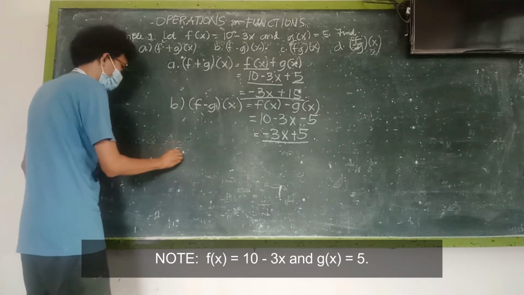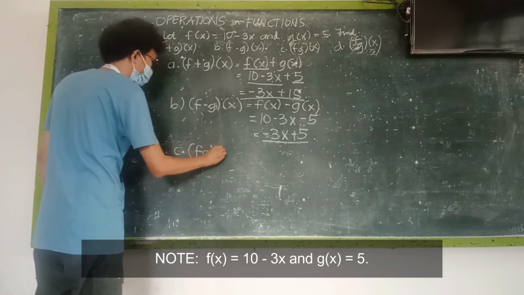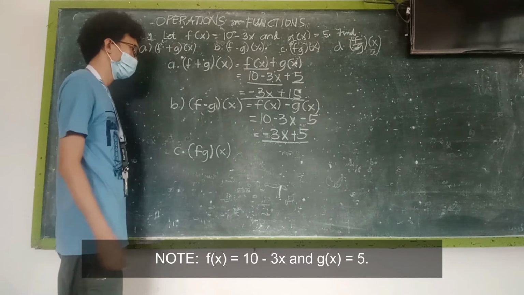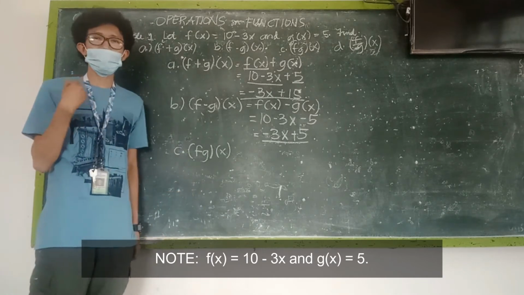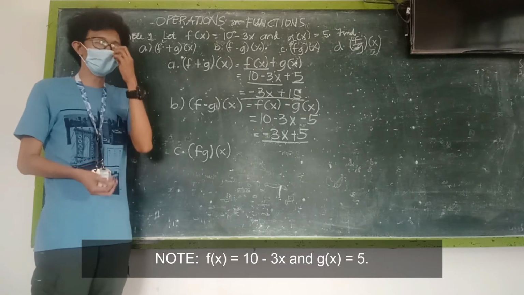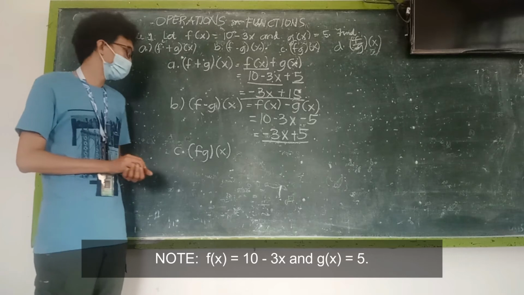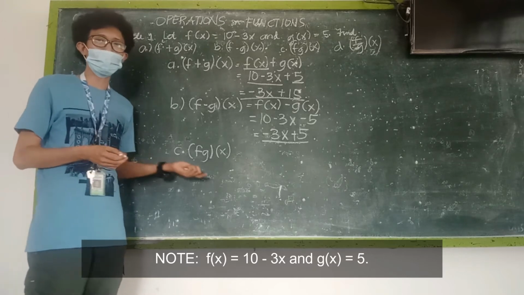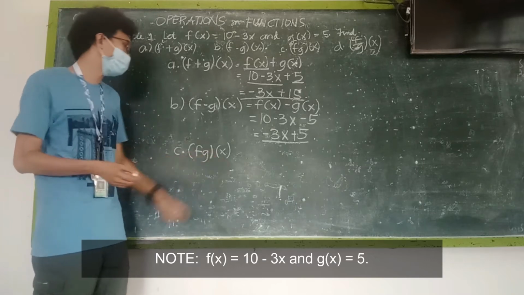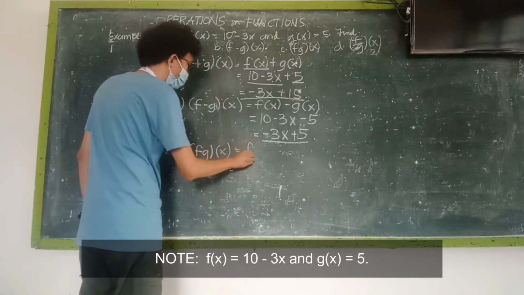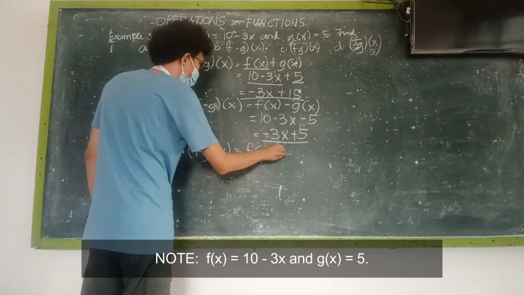Letter C. Fg of x. In multiplication, we are applying special products. We are applying the distributive rules, and we are applying the laws of exponents in order for us to arrive at our simplified answer. In fg of x, this is actually equal to f of x times g of x.